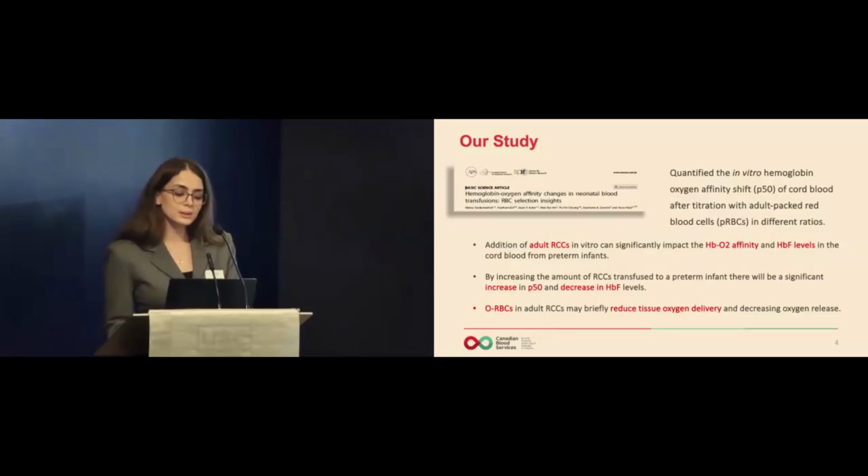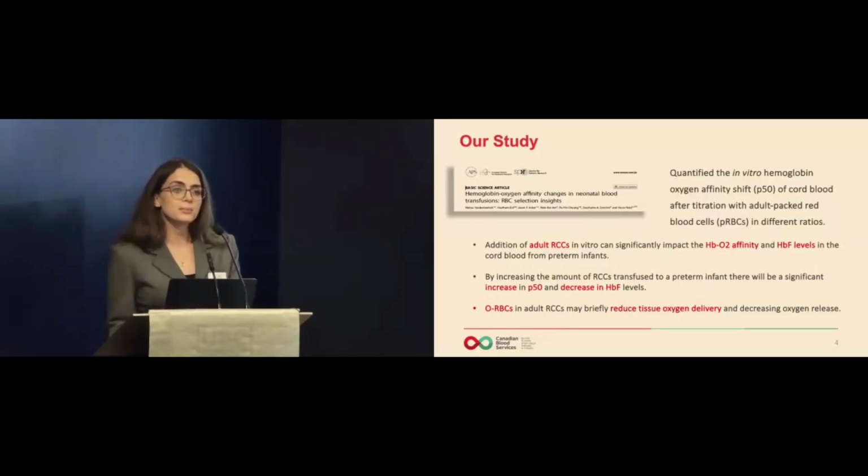Addition of adult red blood cells in vitro can significantly impact the hemoglobin oxygen affinity and fetal hemoglobin levels. Also, by increasing the amount of red blood cells transfused to a preterm infant, there will be a significant increase in P50 and decrease in fetal hemoglobin levels.